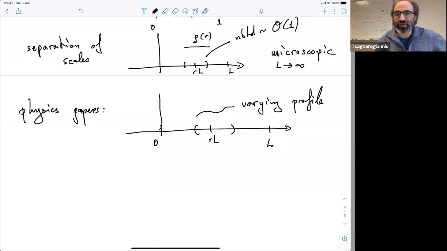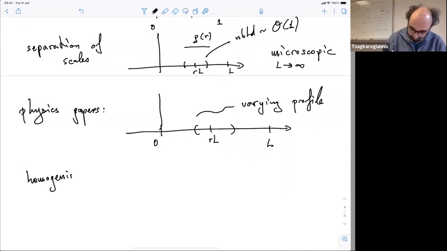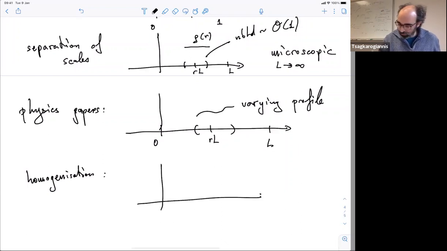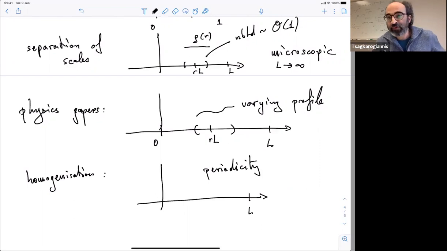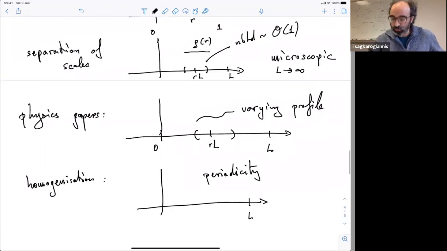Since the interest of many of you in homogenization, I was trying, while I was preparing this seminar, to see what would be the case with the homogenization. So I think one might be able to see some periodicity here and find an intermediate thing between these two.